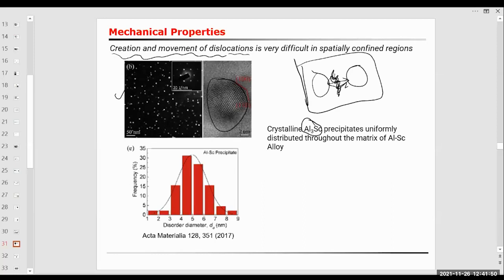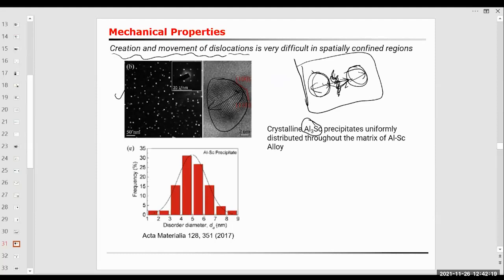They are arranged in such a way that the size of these precipitates and the gap between these precipitates is similar. The size of the precipitates is about 2 to 4 nanometers, and the distance between any two adjacent precipitates is again 2 to 4 nanometers.